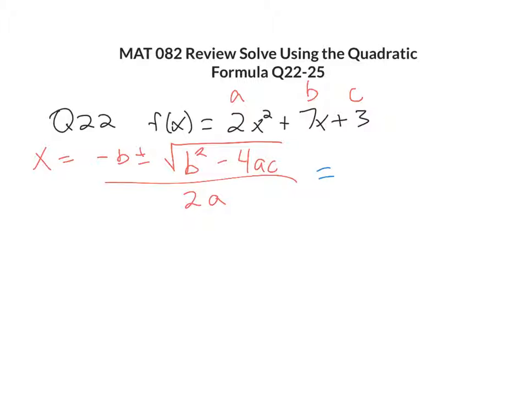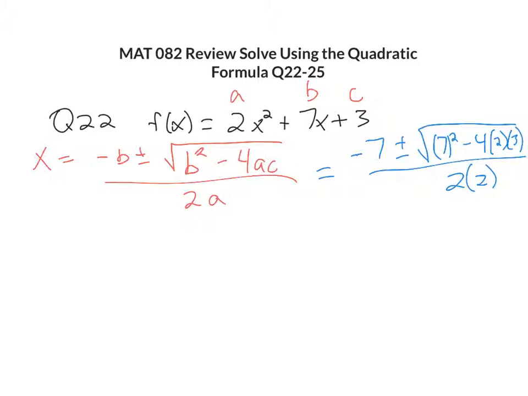So this is going to be negative b, so that'd be negative 7, plus or minus 7 squared, minus 4 times a is 2 and c is 3, all over 2a is 2.